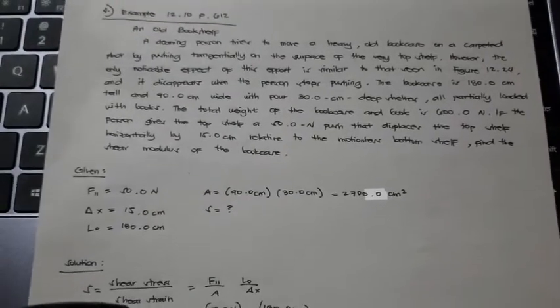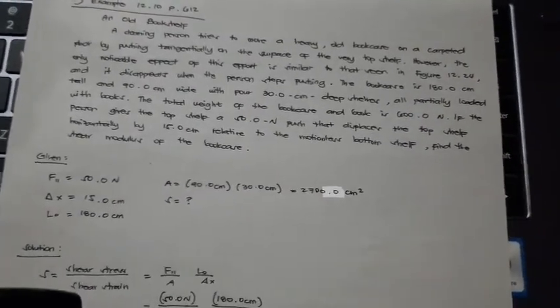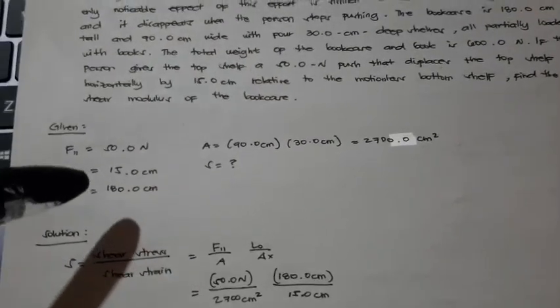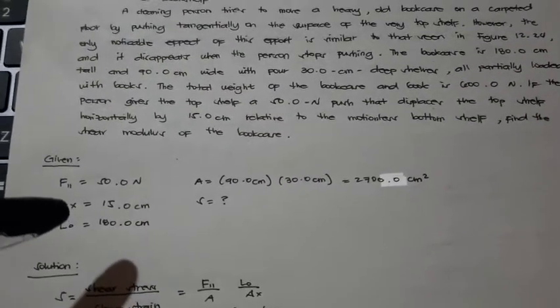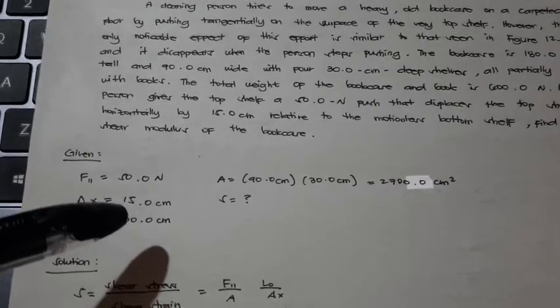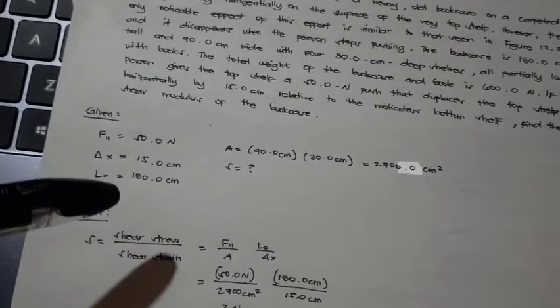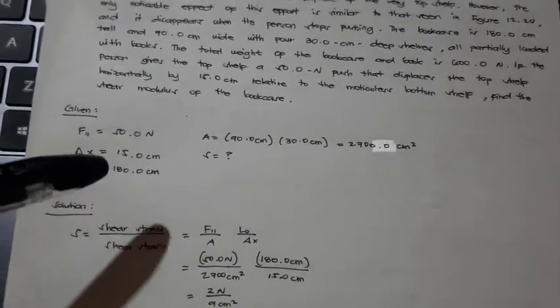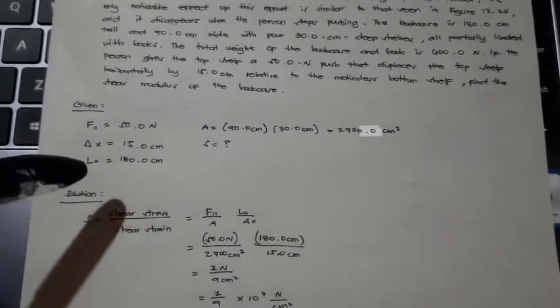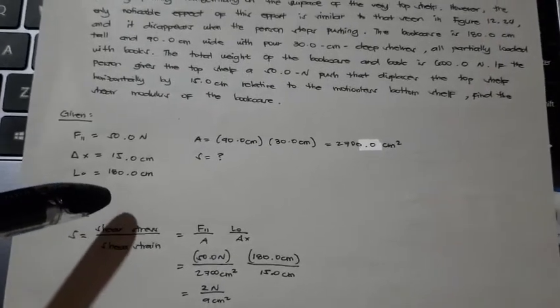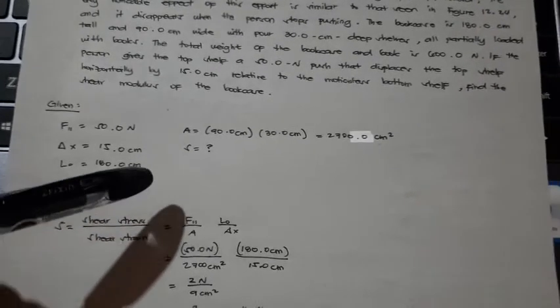So the givens, we need to identify what are the givens in the problem. So we have tangential force equals 50.0 Newton, and then the displacement, which is 15.0 centimeter, and the transverse distance, 180.0 centimeter.